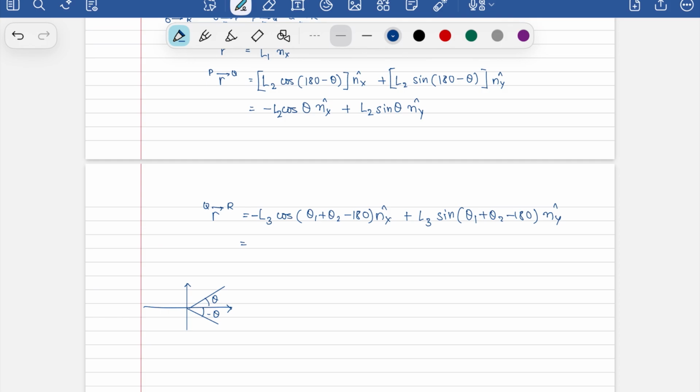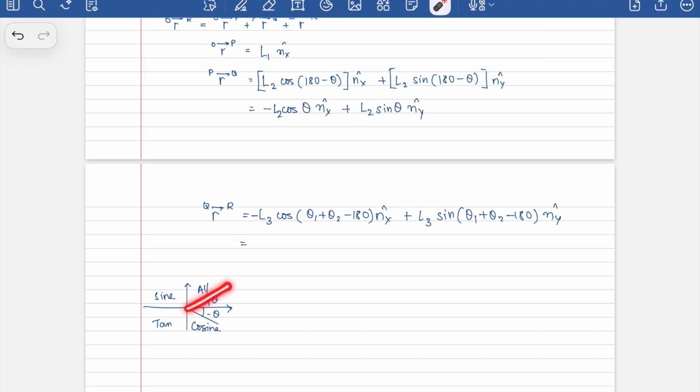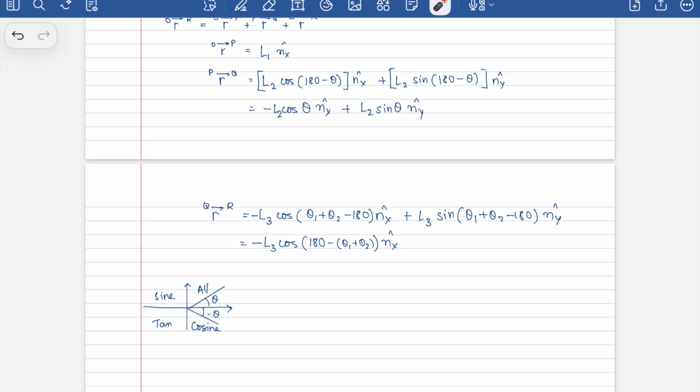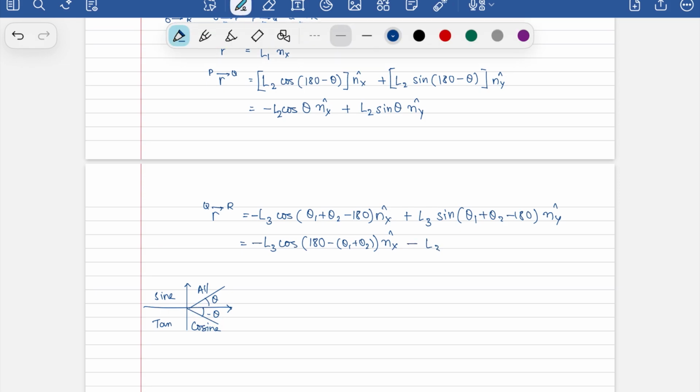Why? Because all students take coffee, which is basically cosine. So cos of minus theta is the same as cos theta, which allows me to then write that this is minus L3 cos of 180 minus theta 1 plus theta 2 in the x hat. But sine of minus theta is negative of sine theta. So I would have to write this as minus L3 sine of 180 minus theta 1 plus theta 2 in the y hat.